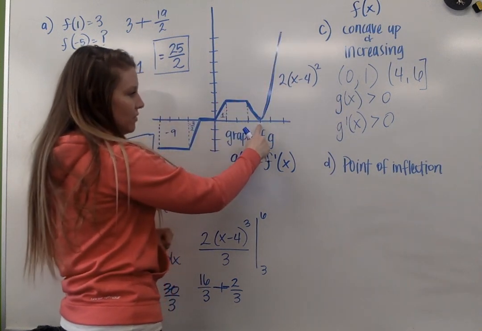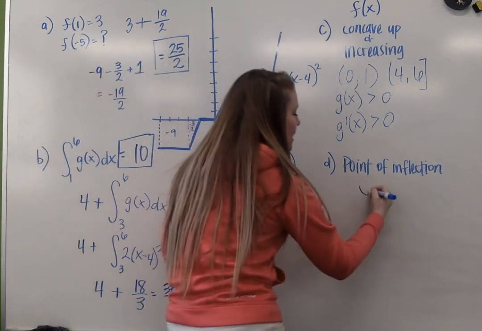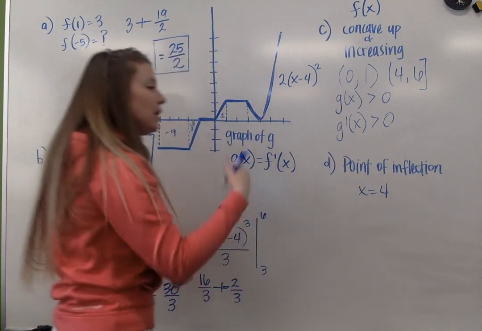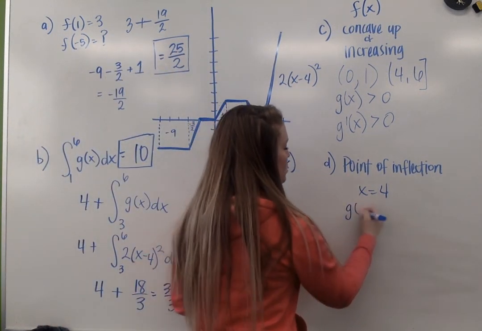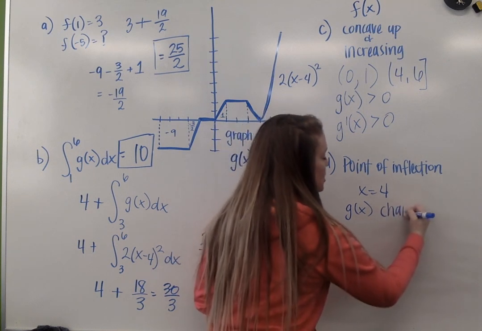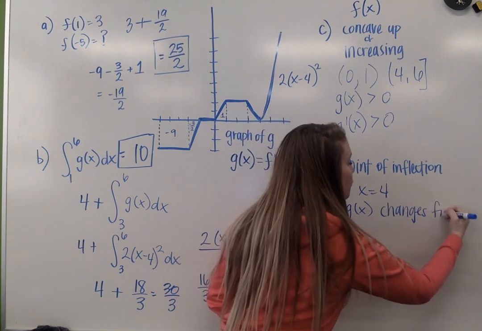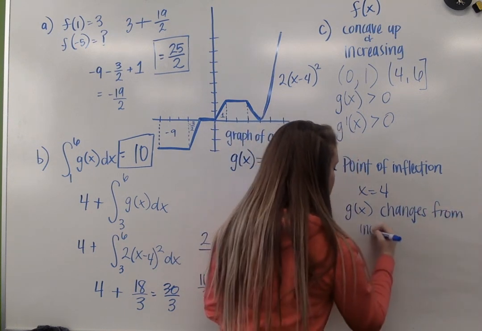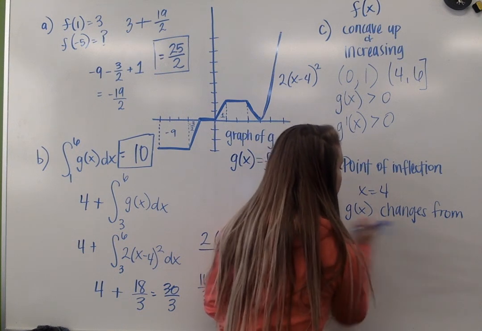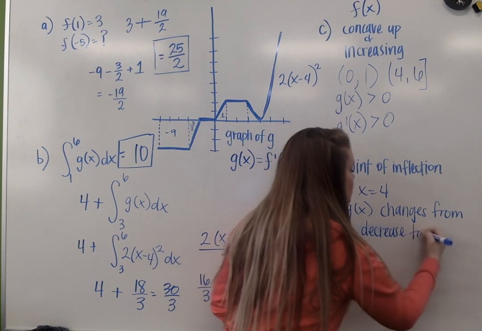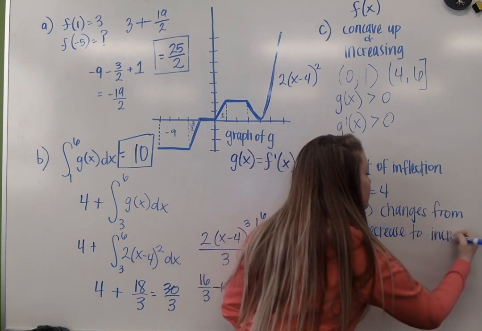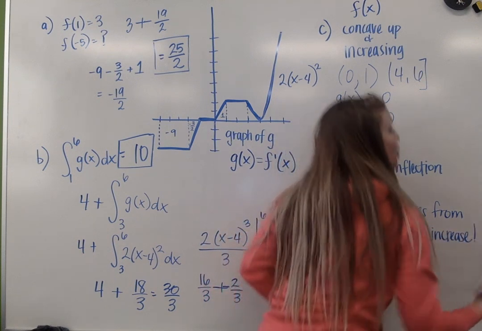So we have a point of inflection at x equals 4, and we know that because g of x changes from a decrease to increase. Boom, done.